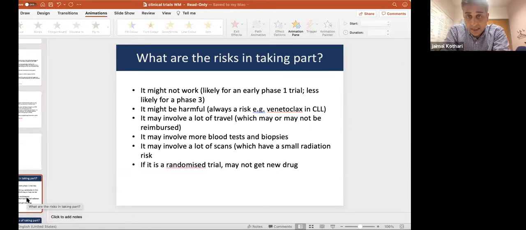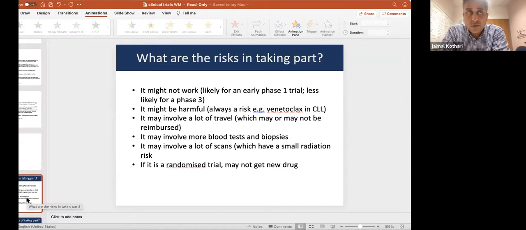Travel can be a problem. On commercial studies, so studies that are run by pharmaceutical companies, that travel is generally reimbursed. But on studies that are not being run by the pharmaceutical company, like the Rainbow study isn't, and my study, WM Pembro, isn't, the travel is usually not reimbursed. In general, it does involve more tests, more blood tests, and more biopsies.